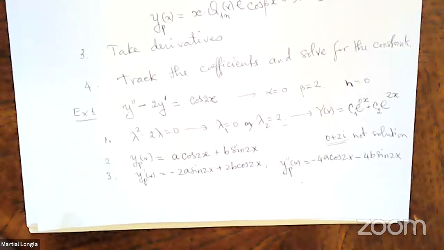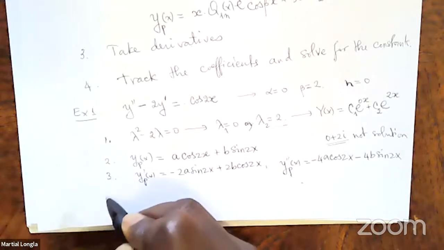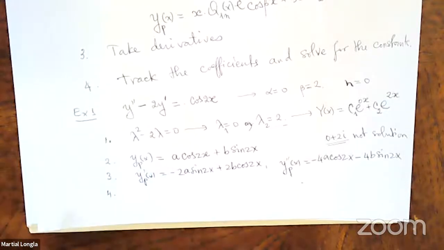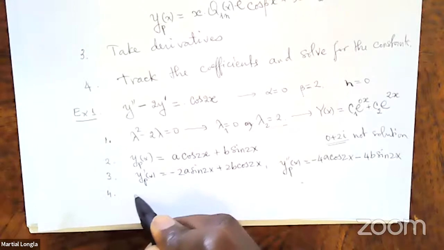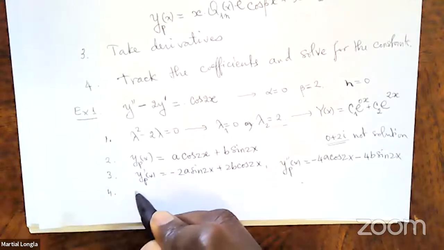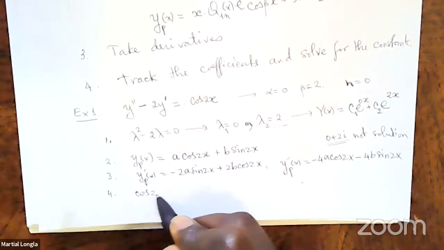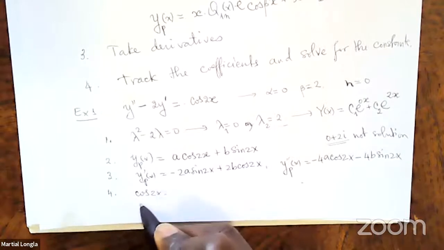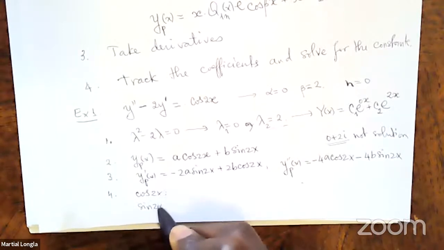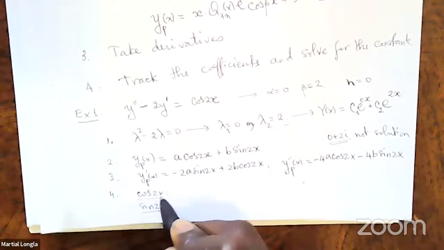So you move to the last step where you track the coefficients. You're going to track the coefficients of cosine 2x. You're going to track the coefficients of sine 2x. That's it.